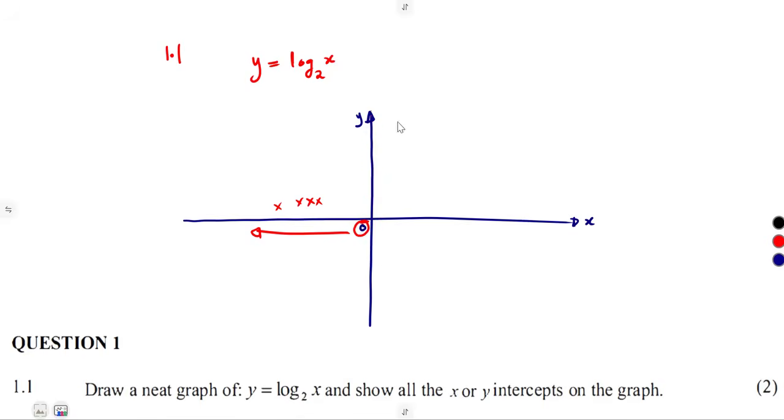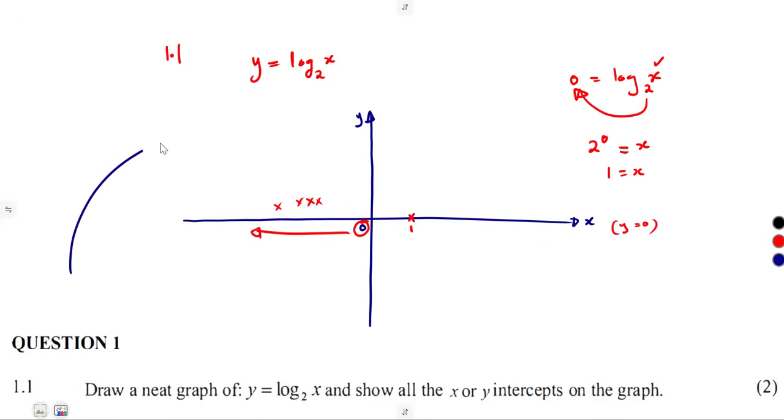So what is important, guys, is what? The x-intercept, which is a condition that happens when y is equal to 0. If we put a 0 there, that's the logarithm of x in base 2. 2 to the exponent of 0 must be equal to x, which is 1. So our x-intercept is at 1.